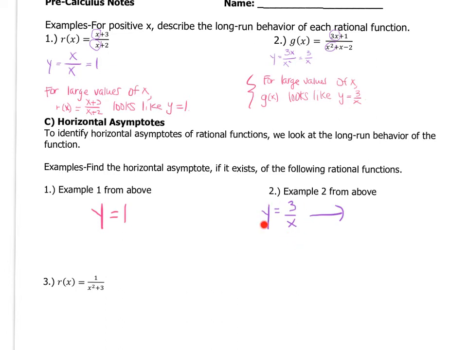So if you look at this on your calculator, you will see a horizontal asymptote at y equals 0. So the horizontal asymptote is y equals 0 because it's the horizontal asymptote of the long run behavior. Okay?